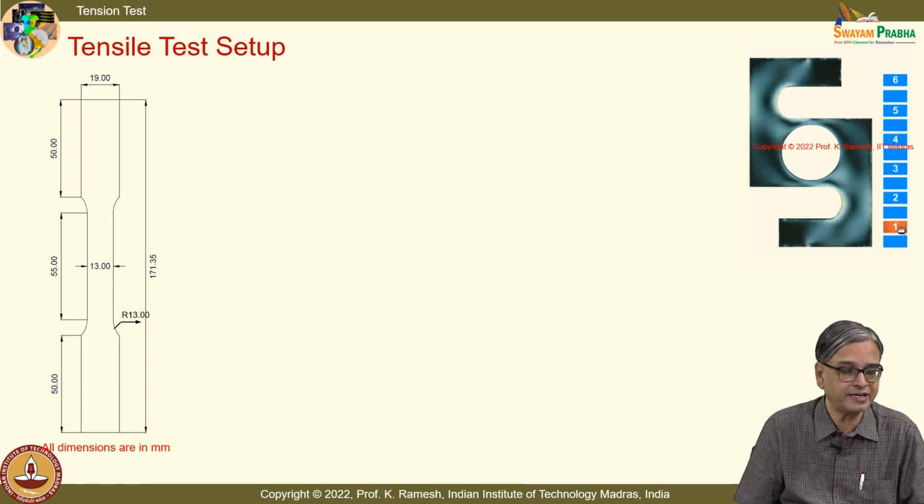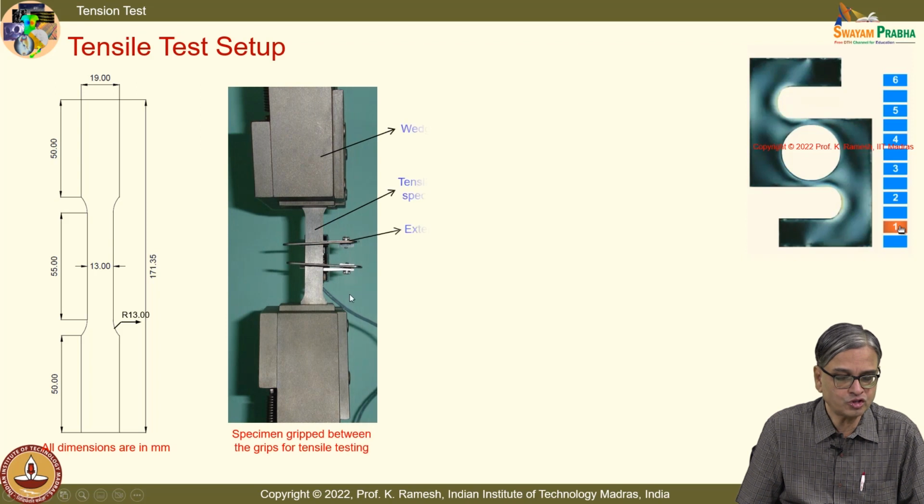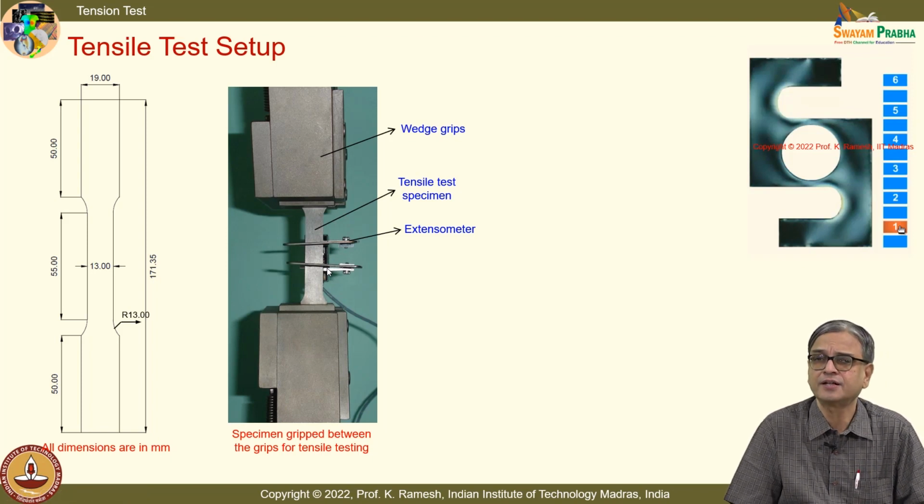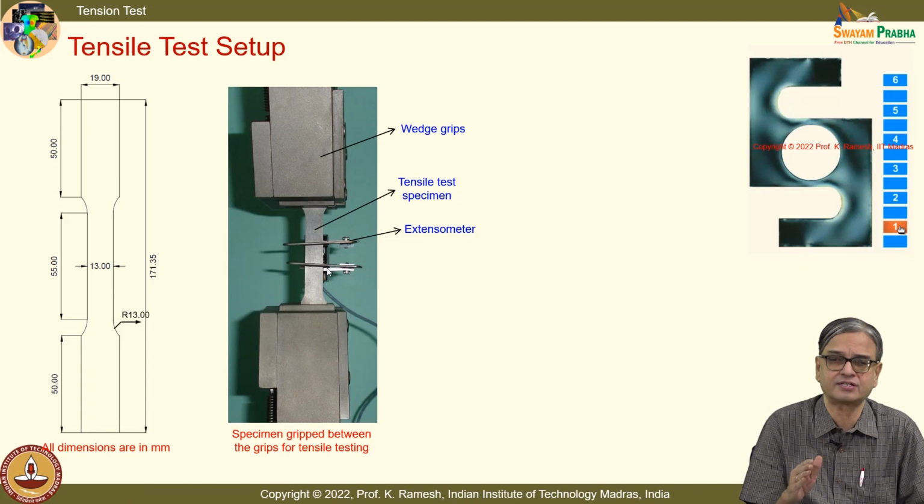It is not that the material fails near the grips, it fails at the test section. And you also have provision to measure the strains. See, you are all now exposed to strain gauges. Many of these transducers for measurement of force or measurement of strain, these are all essentially strain gauge based.